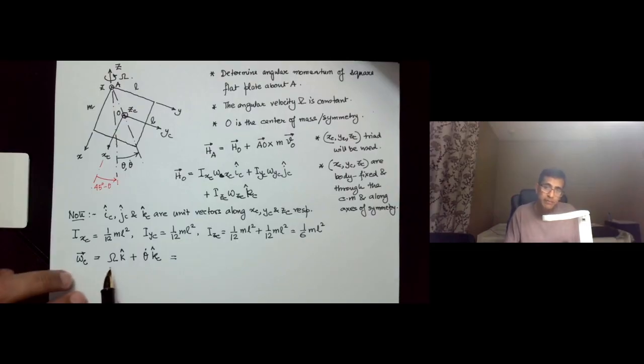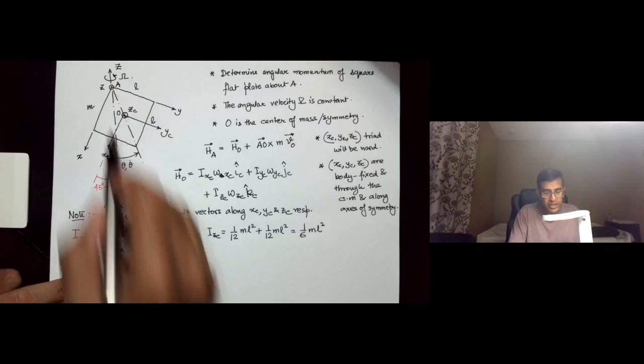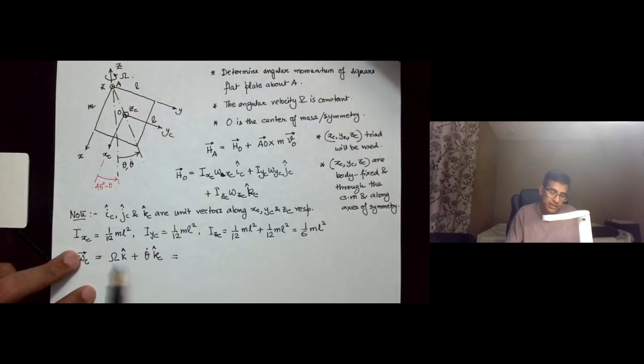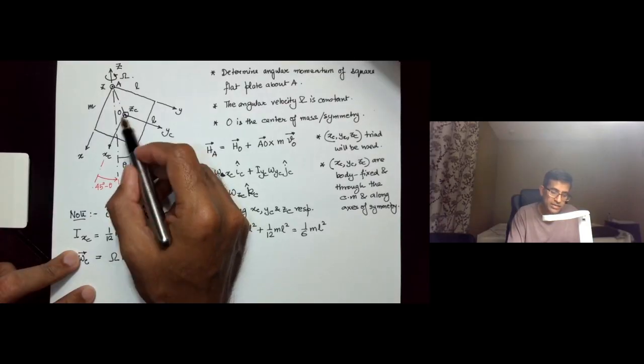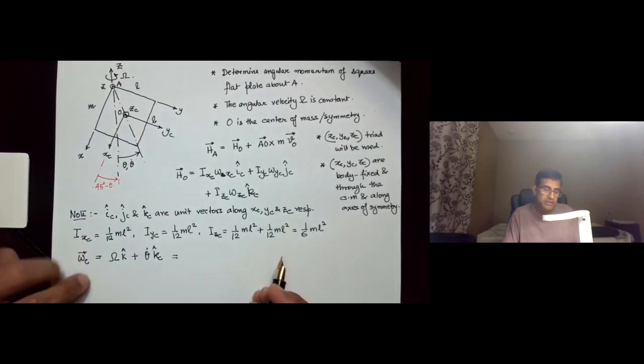Now let us get back to this angular velocity, that is the constant angular velocity about the inertial axis Z. Now this angular velocity needs to be resolved along this triad, which is of interest.